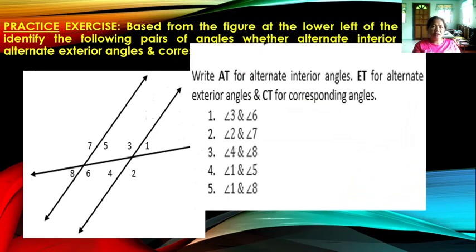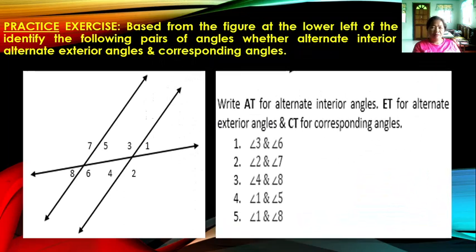You have to have an answer in the form of this. This is the general instruction. Write AT for alternate interior angles, ET for alternate exterior angles, and CT for corresponding angles.